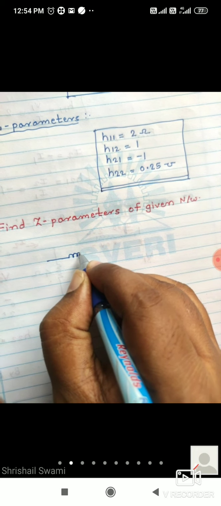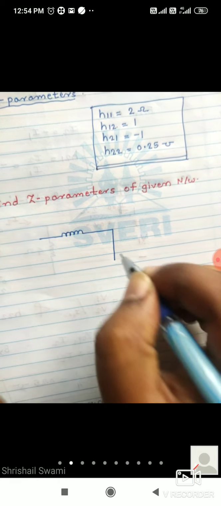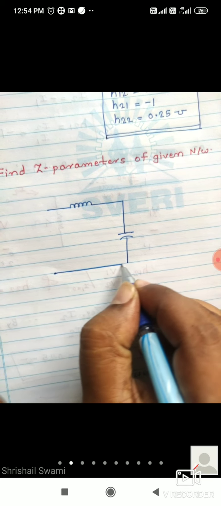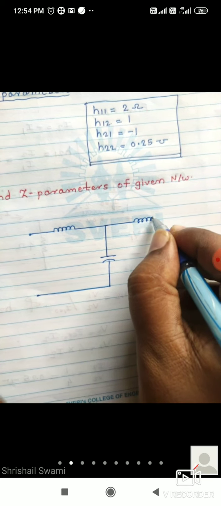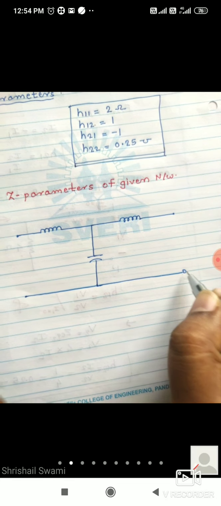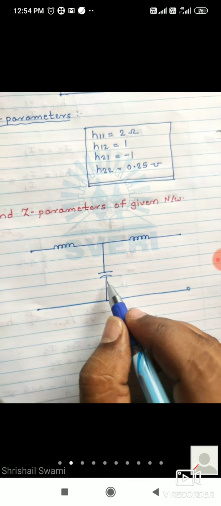So here now, instead of resistor, inductor and capacitor is there. But its impedances are given. So these are inductors and this is the capacitor.